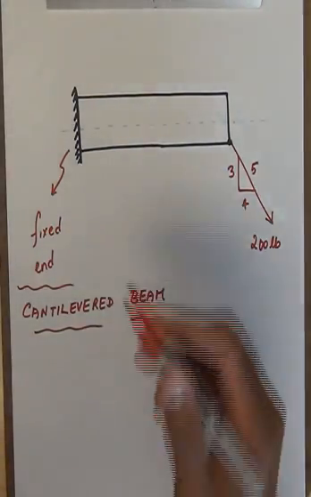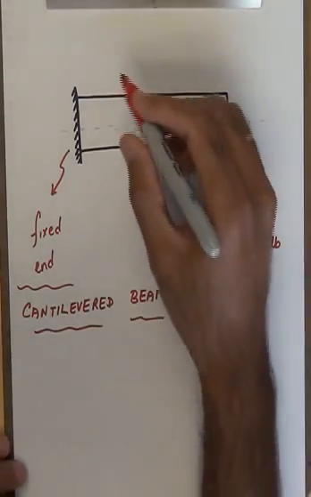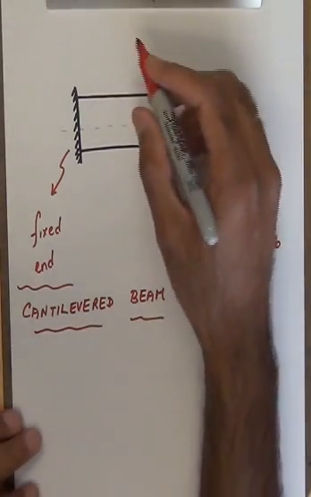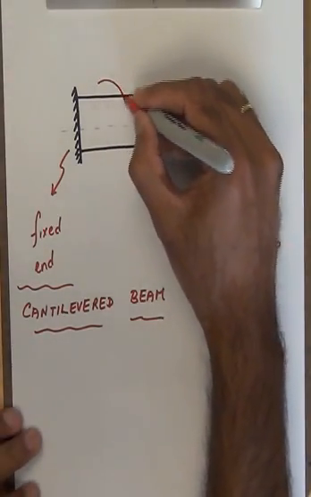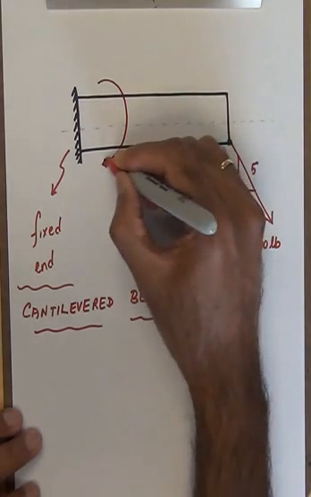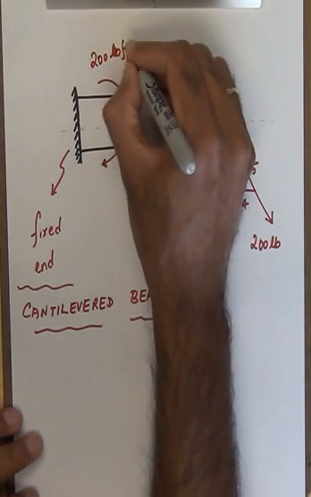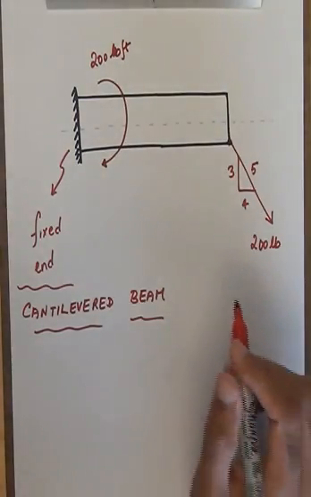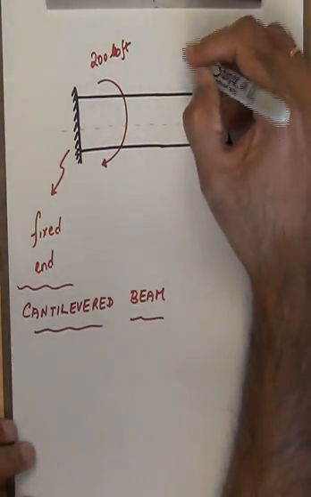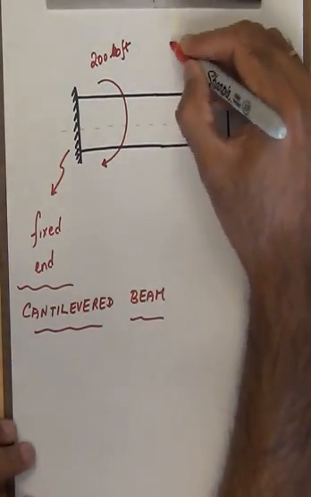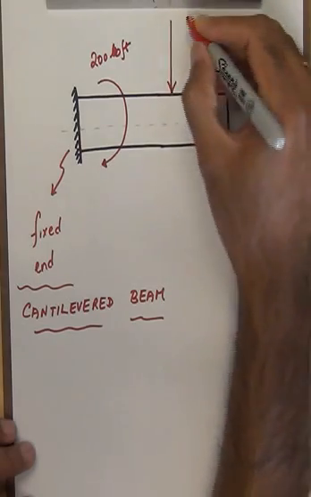And then I have a set of couple moment. There is one of them acting here, 200 pound feet in the clockwise sense. And then I have one more force which is acting on the top fiber of the beam, and that has a magnitude of 150 pounds.